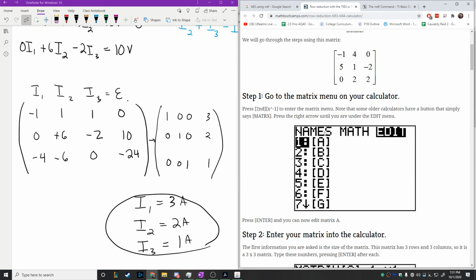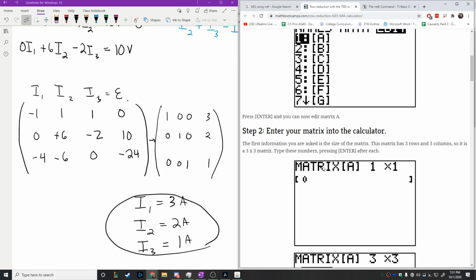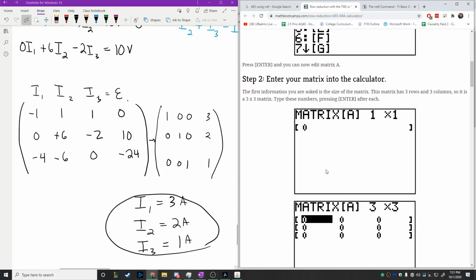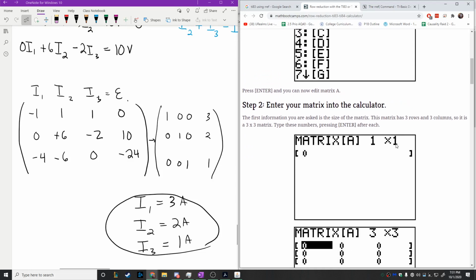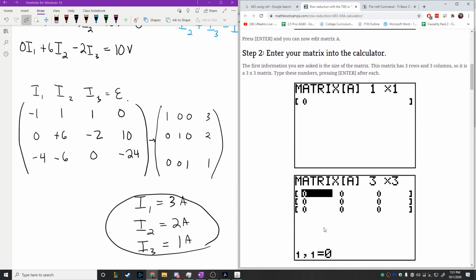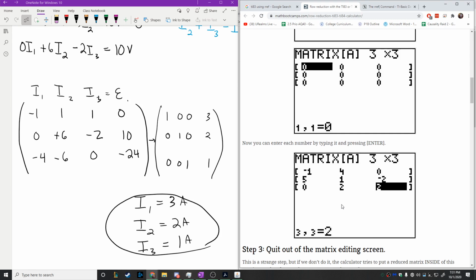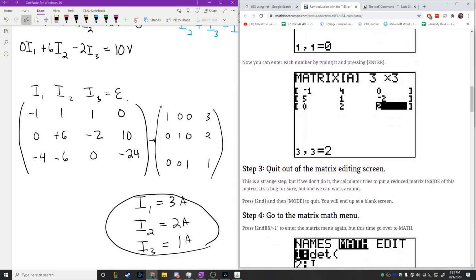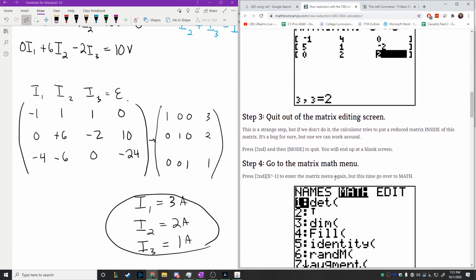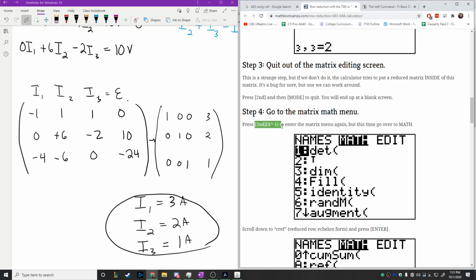Once you get into the matrix menu, you need to get to edit, and then you just push enter on the first matrix right here. You then go through entering the matrix, just like we did here. You'll put 3 by 4, and then you'll type in all the numbers. You then quit the matrix screen, and you go back to the matrix menu by doing the same thing.